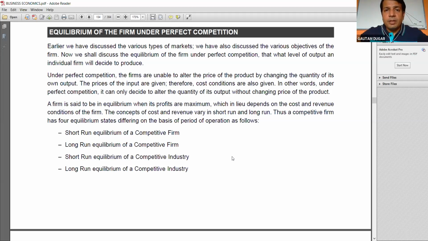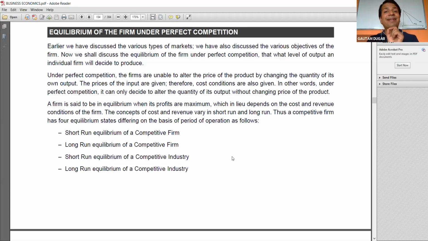Normal profit is when a firm is earning only the normal profit, that is only the reward for the entrepreneur. The firm is able to recover total cost only. So either TR equals TC or AR equals AC.